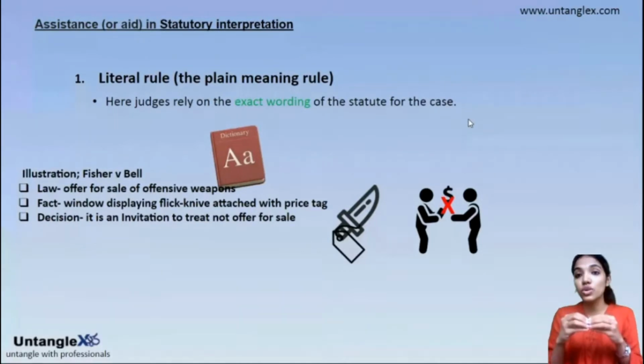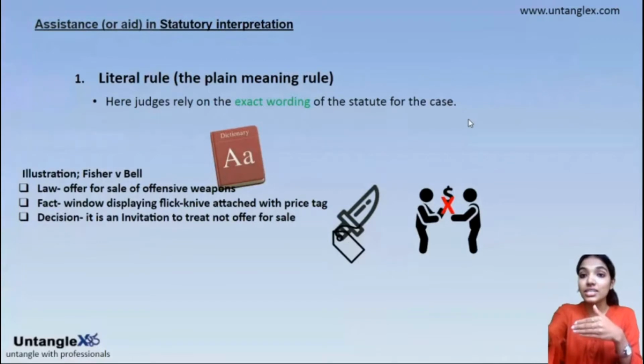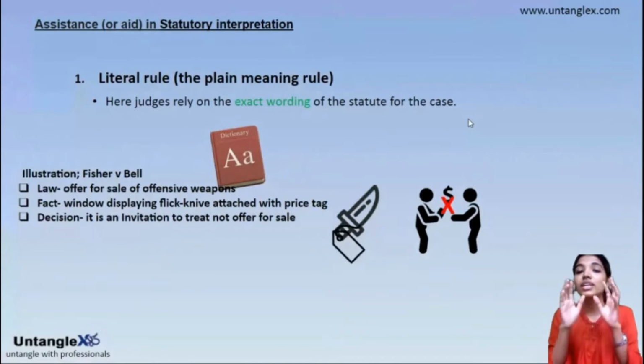The literal rule: offer of sale. Offer of sale means the shopkeeper should offer the customer the offensive weapon to buy. But here the shopkeeper didn't do that. The shopkeeper just kept it in the window. That means anyone passing by can enter the shop to treat. And here it is the customer who is offering to the shopkeeper.